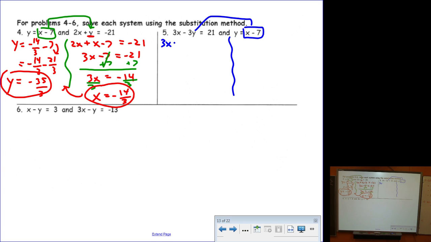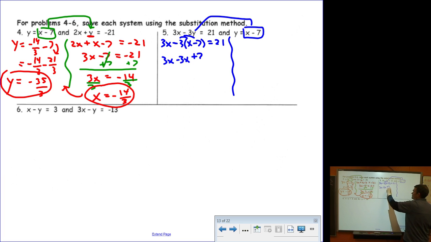I'm going to have 3x minus, instead of 3 times y, it's going to be 3 times x minus 7 equals 21. Simplifying this by distributing the 3, I would get minus 3x and plus 21 equals 21.